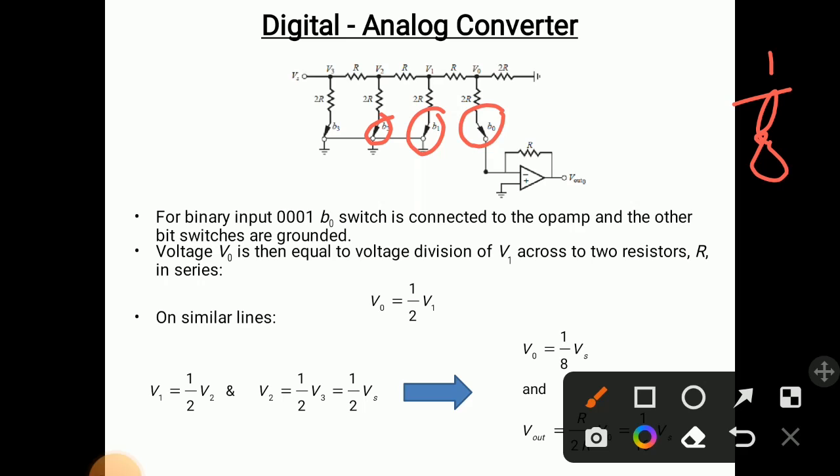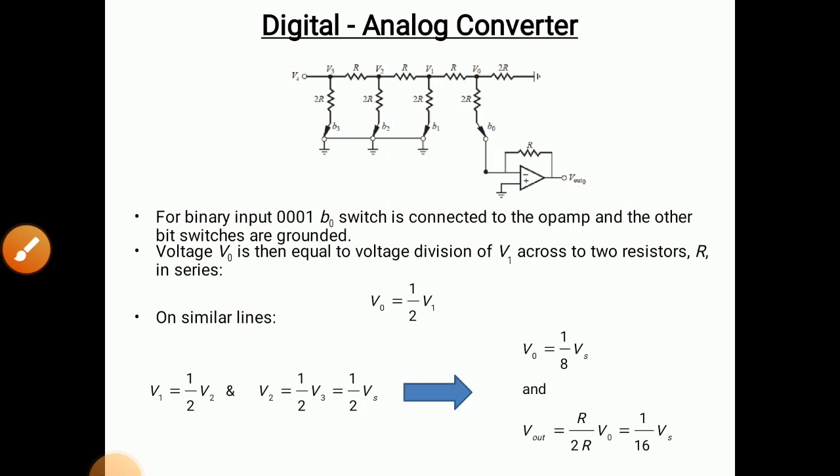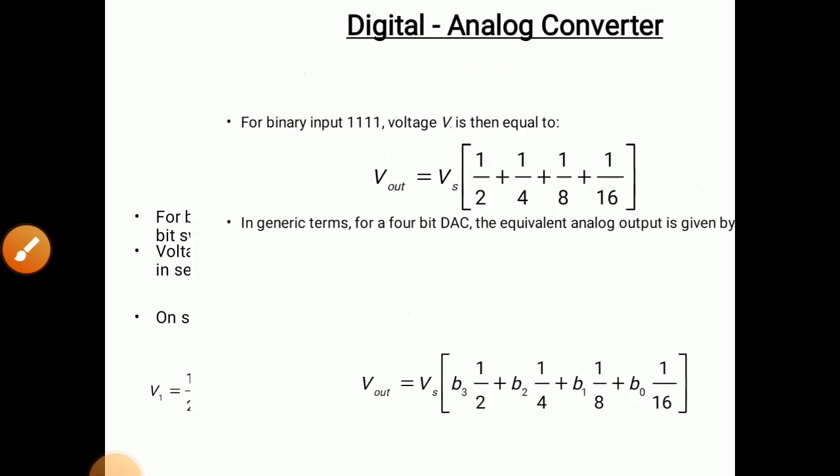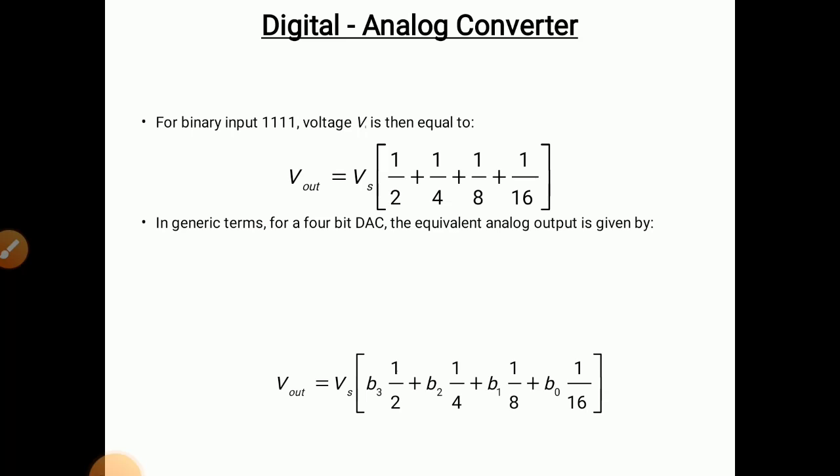When B2 is 1, we'll get 1 by 4 as output. And when B3 is 1, we'll get 1 by 2 as output. So that's why we have taken in the formula the addition like this: 1 by 2 plus 1 by 4 plus 1 by 8 plus 1 by 16. You can check the formula.